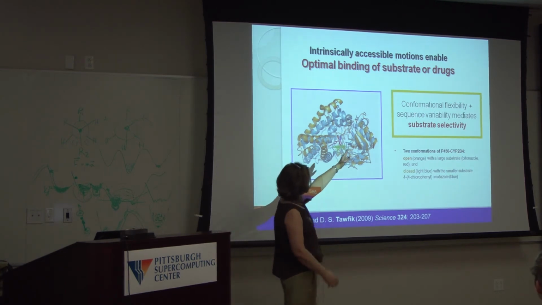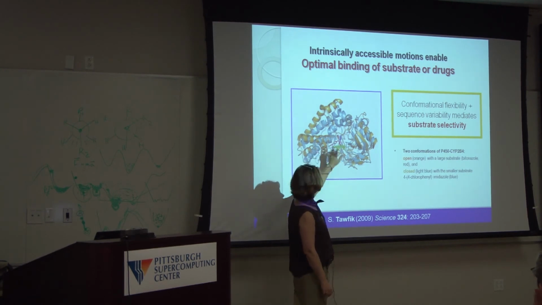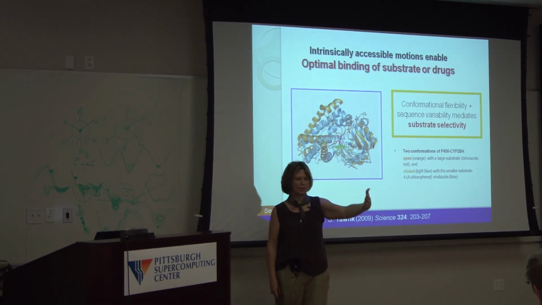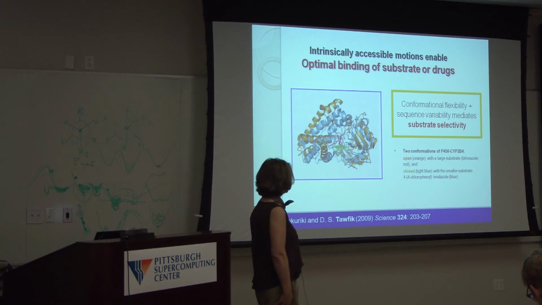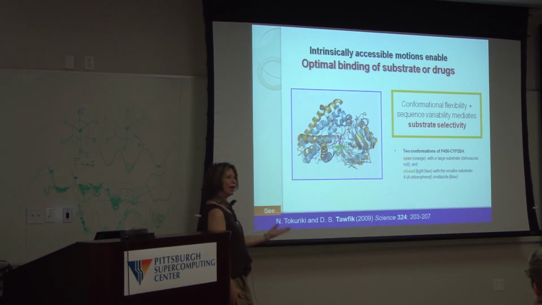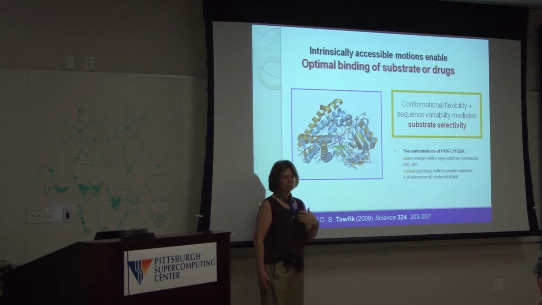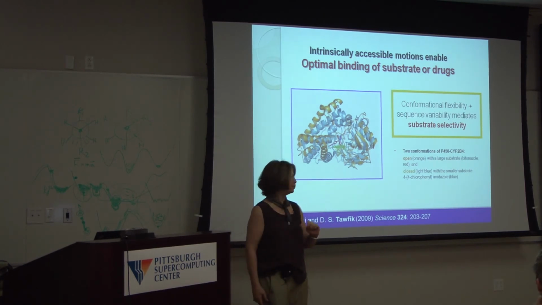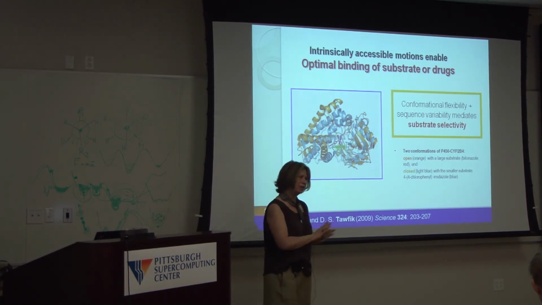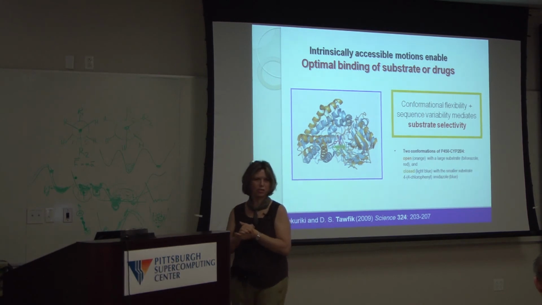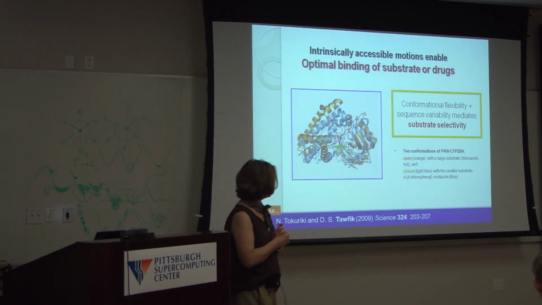And this type of conformational flexibility plus sequence variability will be effective in selecting the substrate. And tomorrow we will talk about how we can explore the druggability of proteins and how we also take advantage of sequence variations to understand better what's happening.